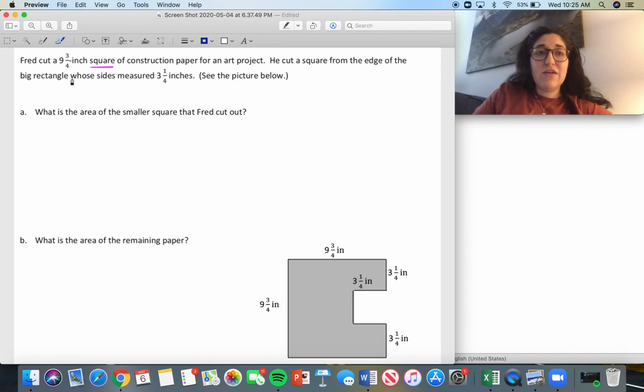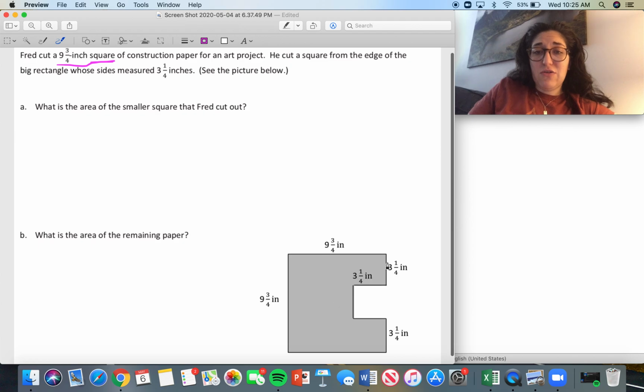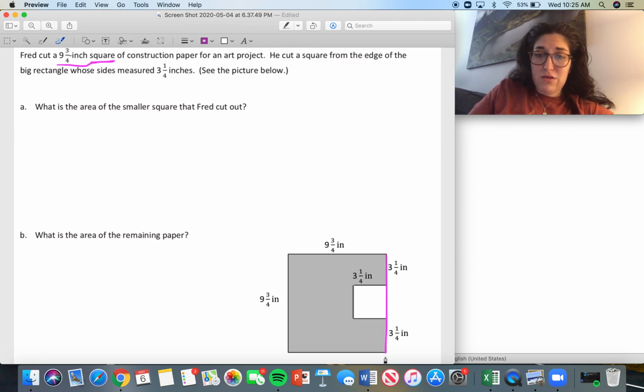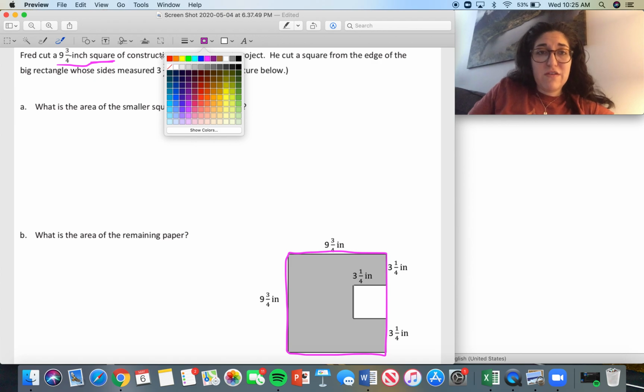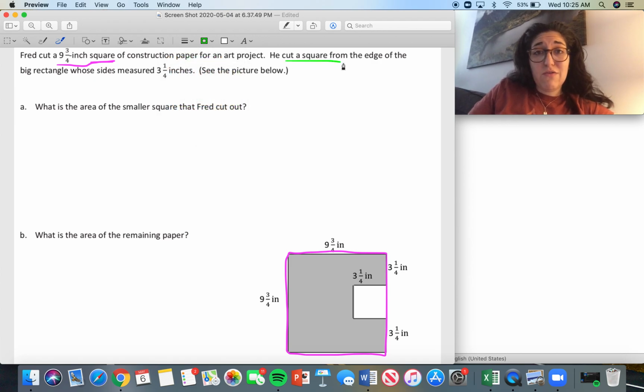So in this case, Fred is doing an art project with a 9 3/4 inch square, okay? He cuts, and that's what we see here. This is what he started with, right? From that square, it says he cuts a square from the edge of the big rectangle, which is still the big square, whose sides measure 3 1/4 inch.